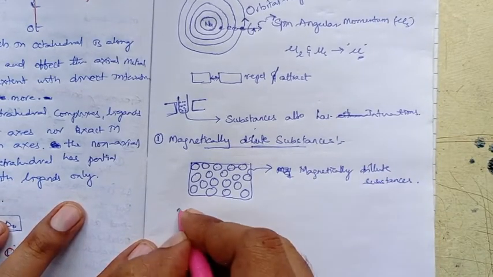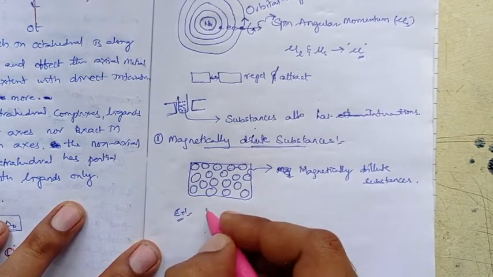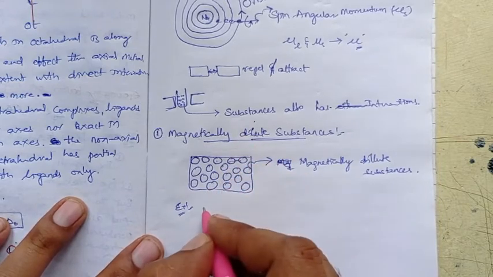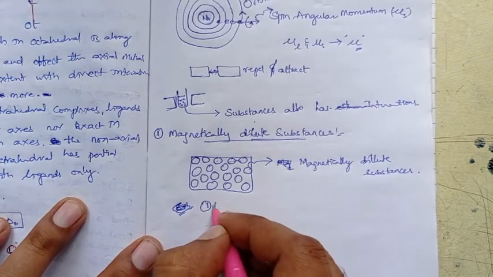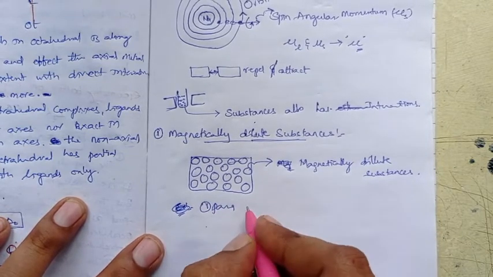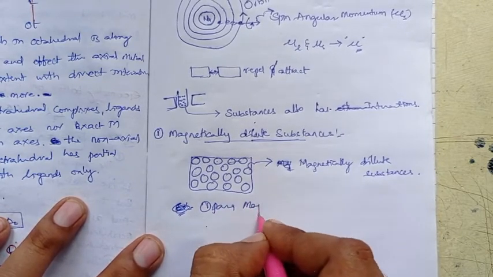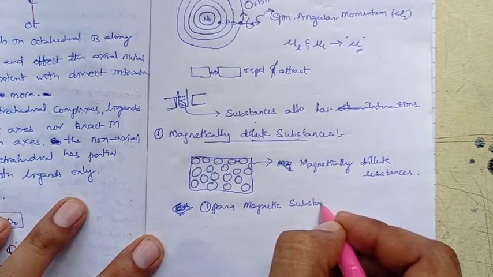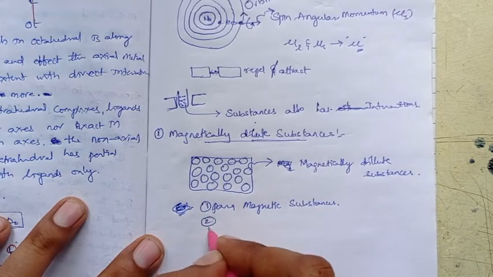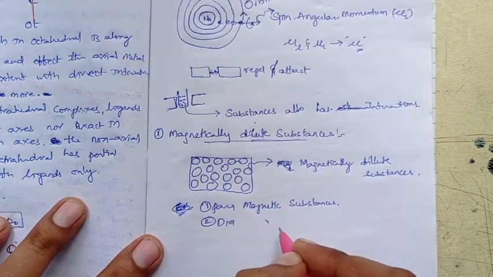Here the magnetic behaviors in these magnetically dilute substances are paramagnetism or paramagnetic substances and diamagnetic substances.